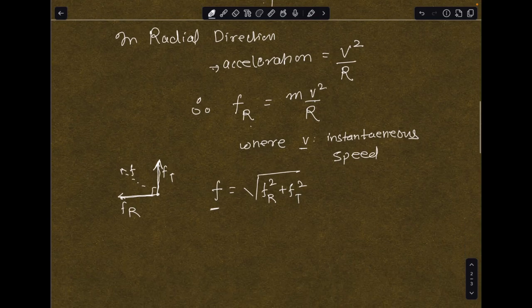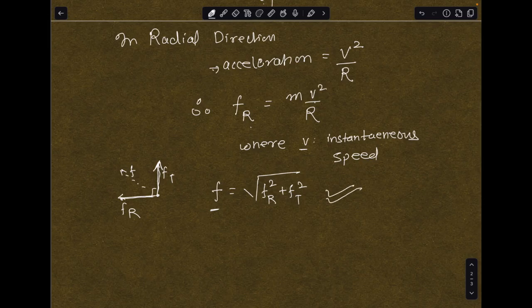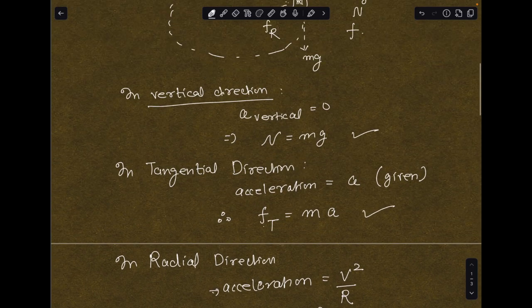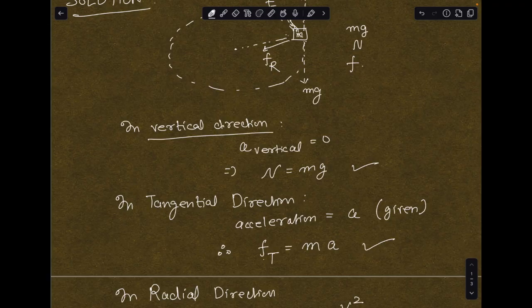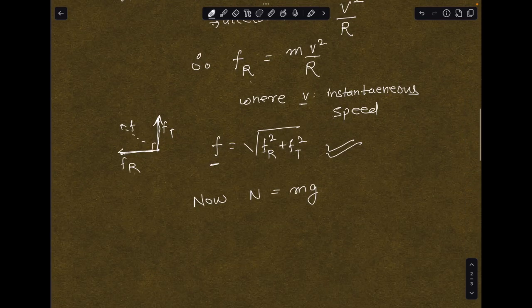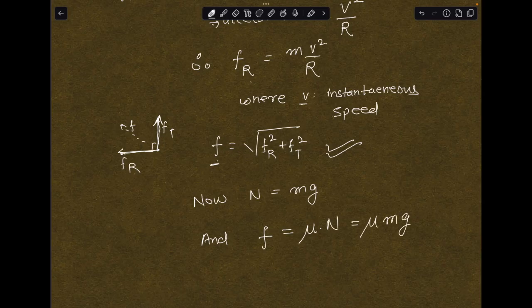Now normal reaction is mg. This we know from the analysis of vertical direction motion. Basically there is no acceleration there, so normal reaction is mg. And the force of friction, the maximum value of it, is mu times n, mu times mg.